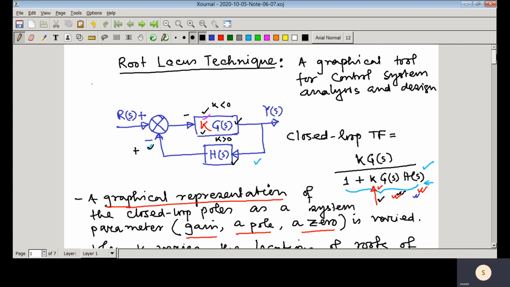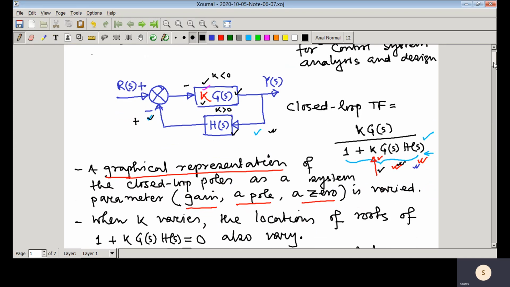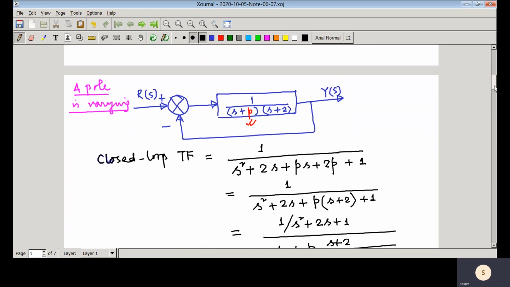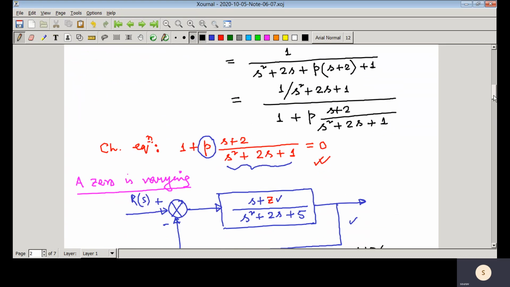So let us see what we have discussed today. Root locus is a graphical tool for control systems analysis and design. Whenever you have a closed loop system and a parameter is varying, that parameter may be the gain, a pole or a zero, and we have seen how to formulate that problem in the root locus framework.